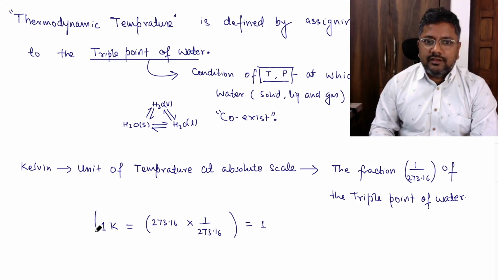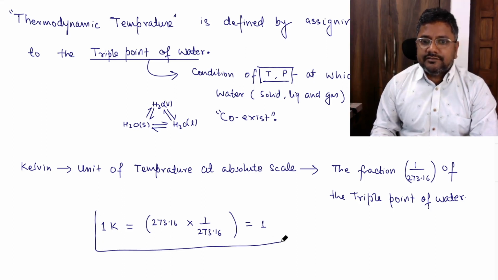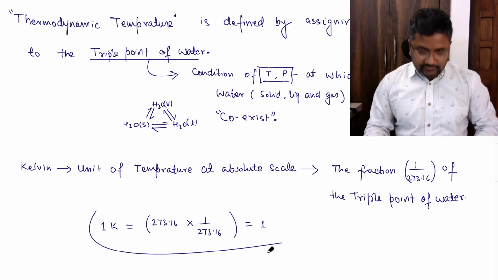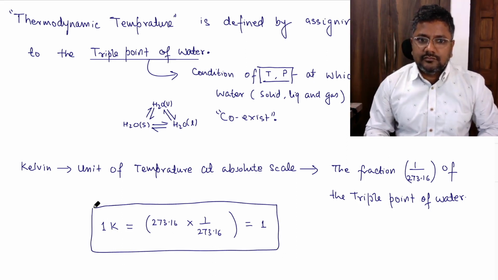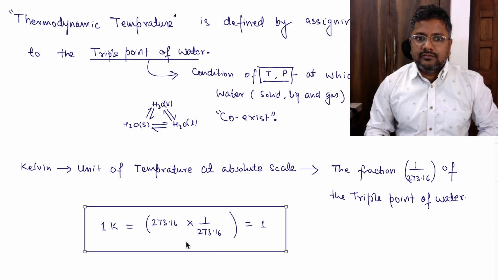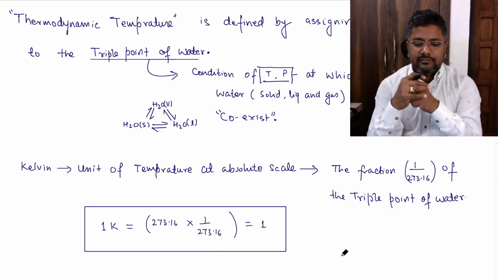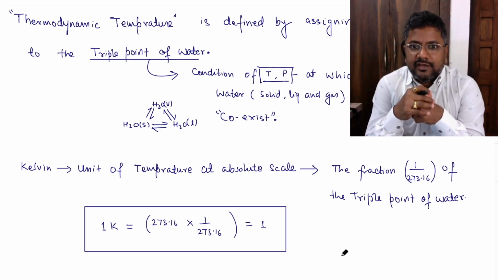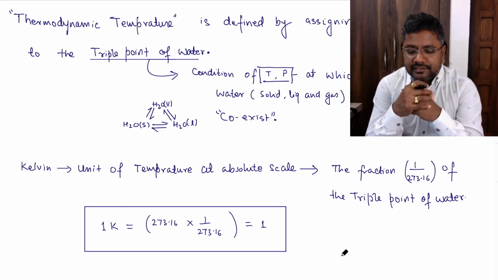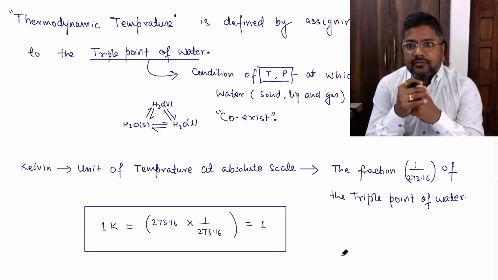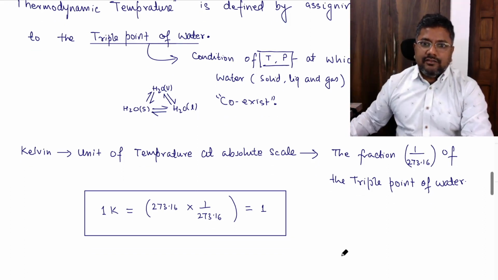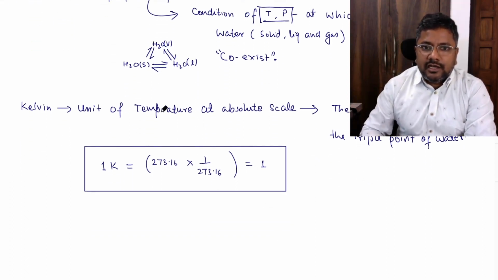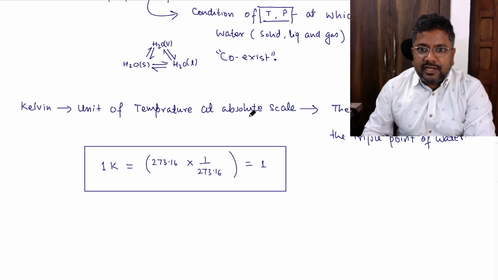So 1 Kelvin is defined like this. So 1 Kelvin, basically it is the 1 by 273.16 fraction of the triple point of water. Okay. So this is the Kelvin scale, also called Kelvin, unit of temperature at absolute scale.